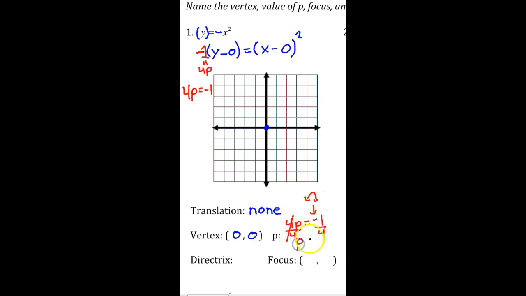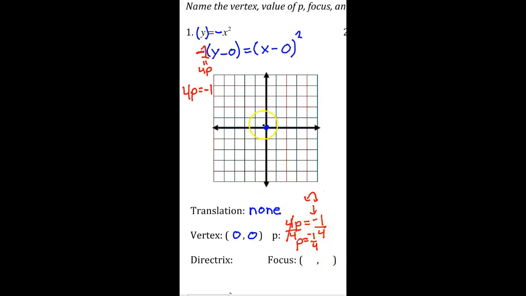So we do get a value of p equals negative 1/4, but really we ignore the negative for now until we graph. We really just focus on the 1/4 value, which means the distance from the vertex to the directrix and the vertex to the focus is going to be 1/4 of a unit.